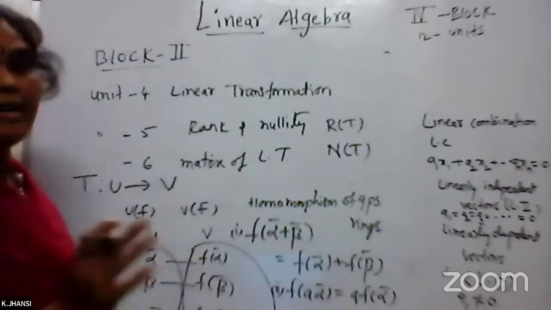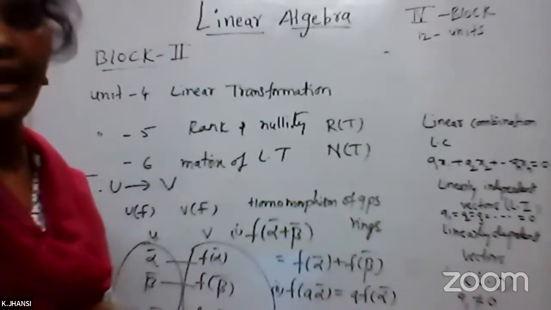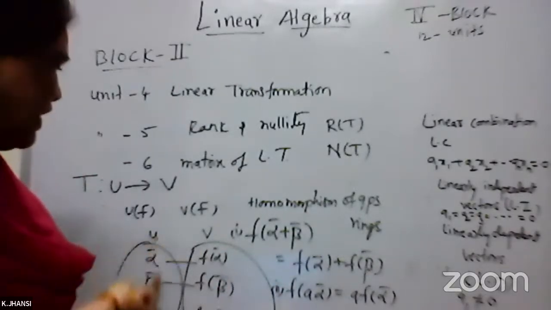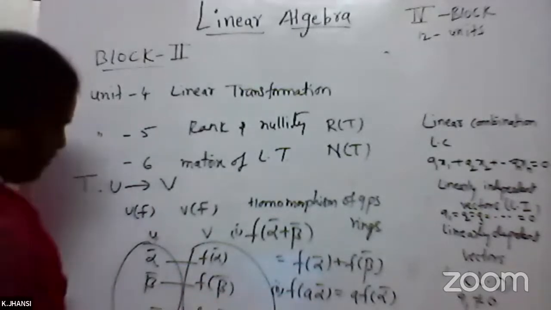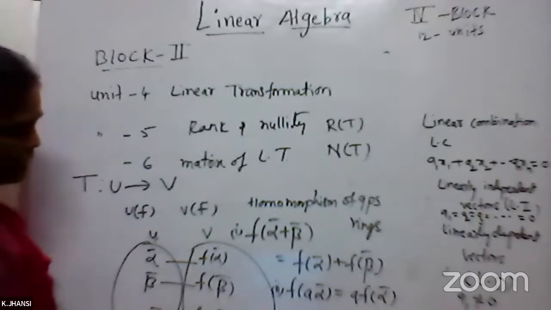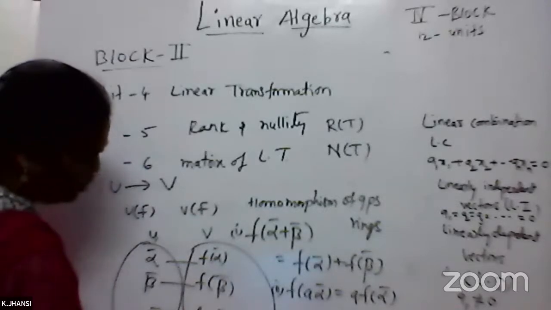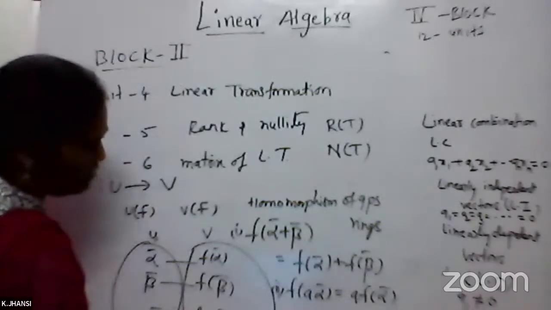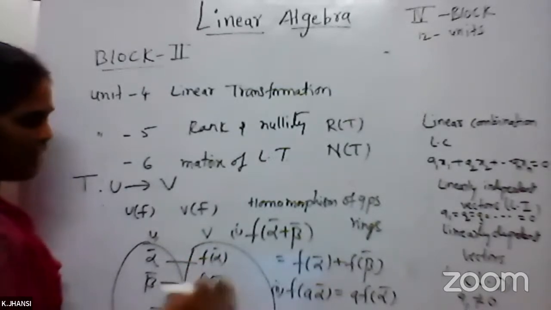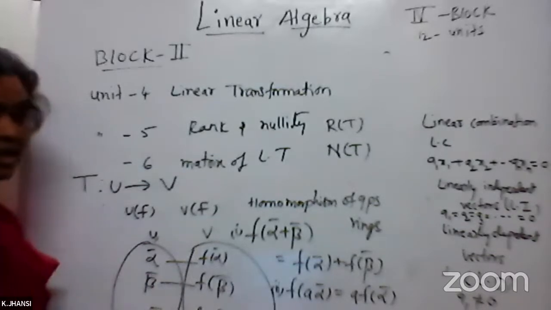If you have an idea about functions, you know what is a domain, codomain, and also range. Range means the codomain elements that have an image from the elements of U. If you take x, y, z here and you are not having any images for them, and for t, u, f, any elements you take, only f of alpha, f of beta, f of alpha plus beta have images here, but x, y, z do not have images.